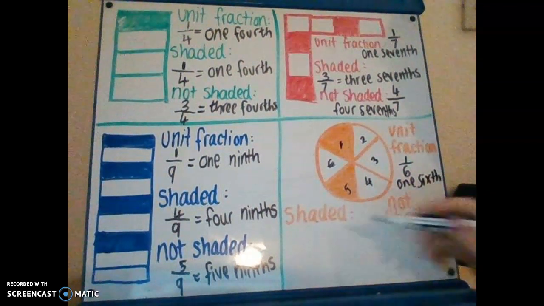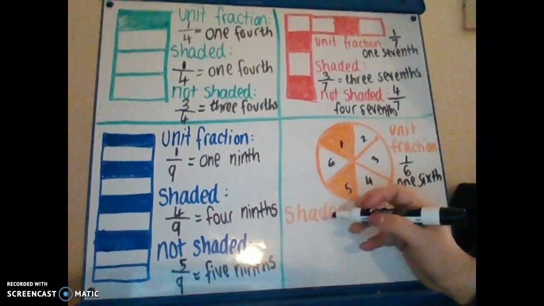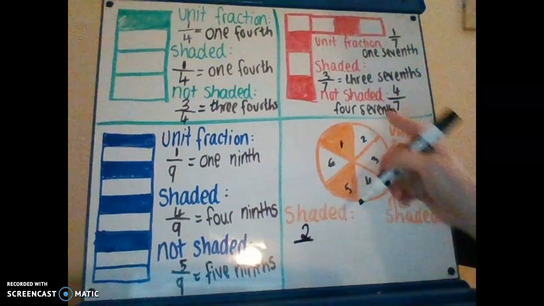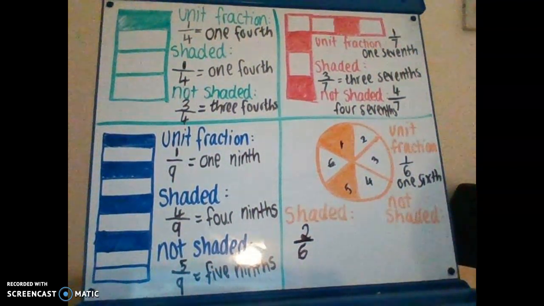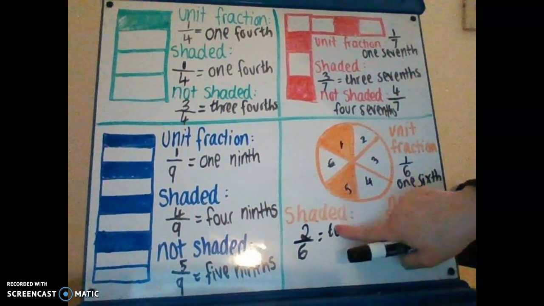Shaded, we have 1, 2 shaded. 2 is our numerator, total number of shaded parts, 6 equal parts in the whole for our denominator. So that would be 2/6.